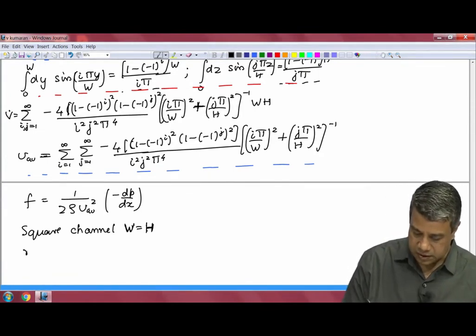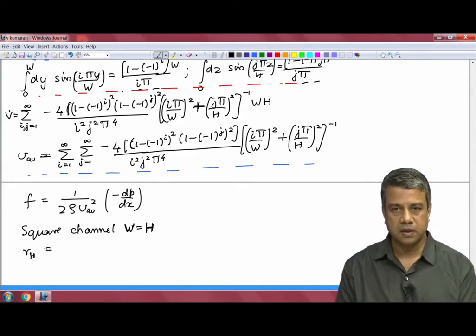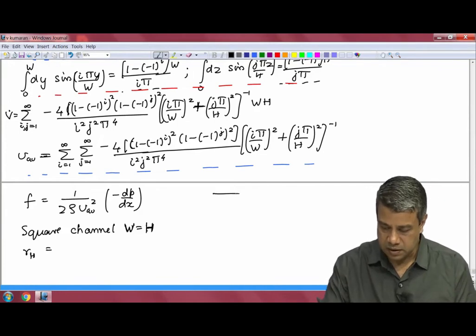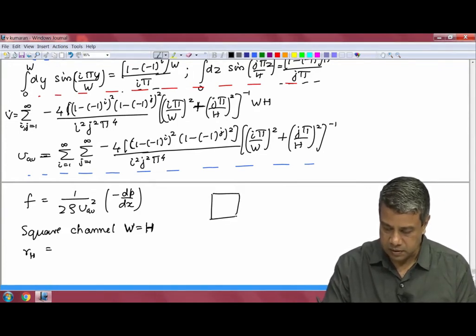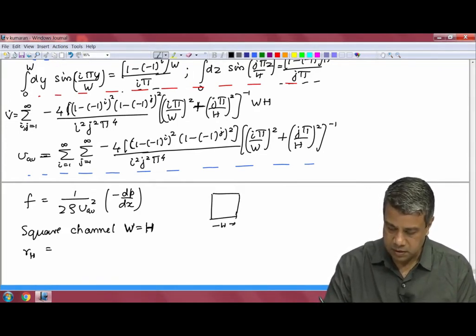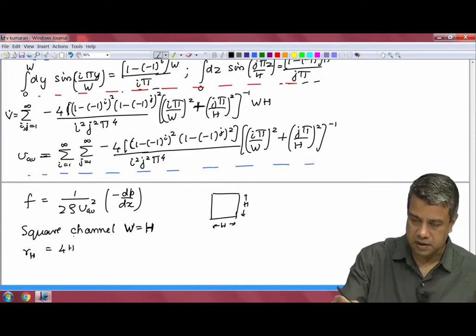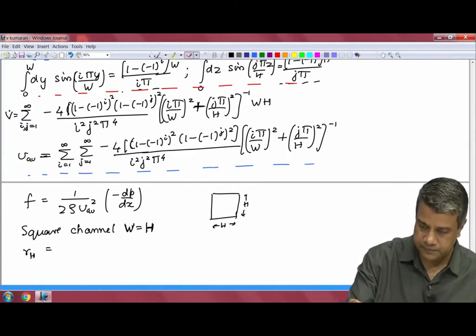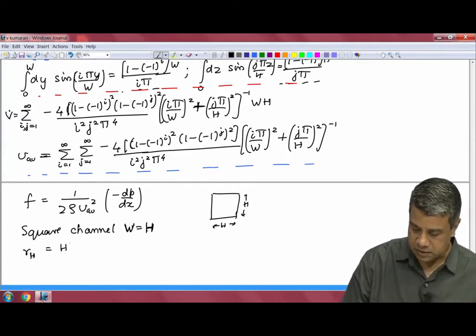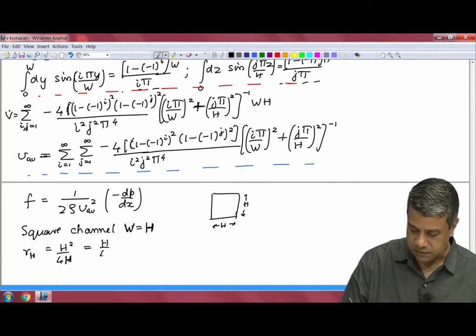So, the hydraulic radius of the square channel is going to be equal to the area by perimeter. The perimeter is 4 times H. Area is H square by 4H, which is equal to H by 4.